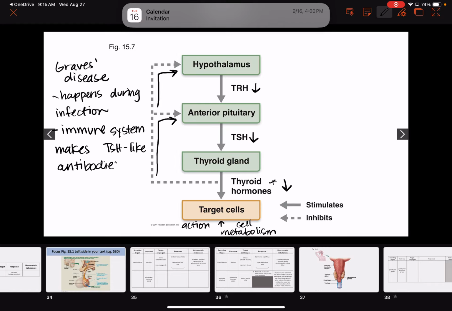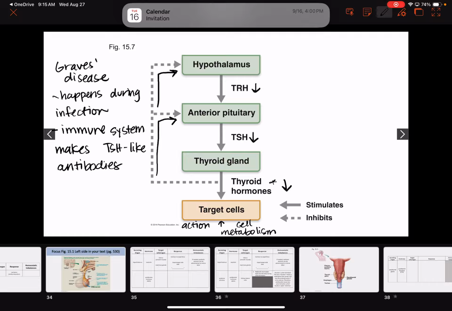When you get infected, your adaptive immune system is responsible for making antibodies so that in case you ever come in contact with it again, it can be broken down and gotten rid of. And so Graves' disease is caused by a reaction to getting an infection, and that causes your immune system to make this antibody that's shaped like TSH.